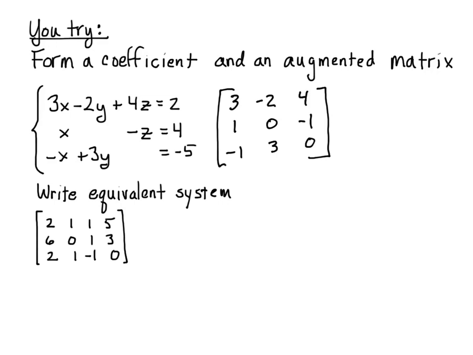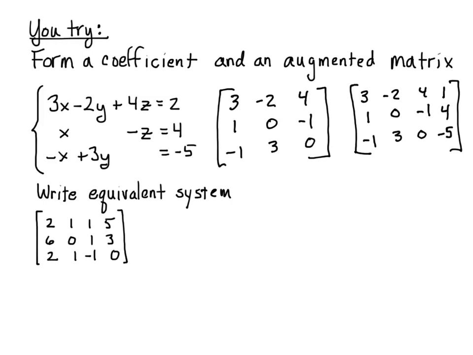Now your augmented matrix is going to have 4 columns, so that'll be 3, -2, 4, and 1. It'll be 1, 0, -1, and 4, and -1, 3, 0, and -5. And so that's your augmented matrix.